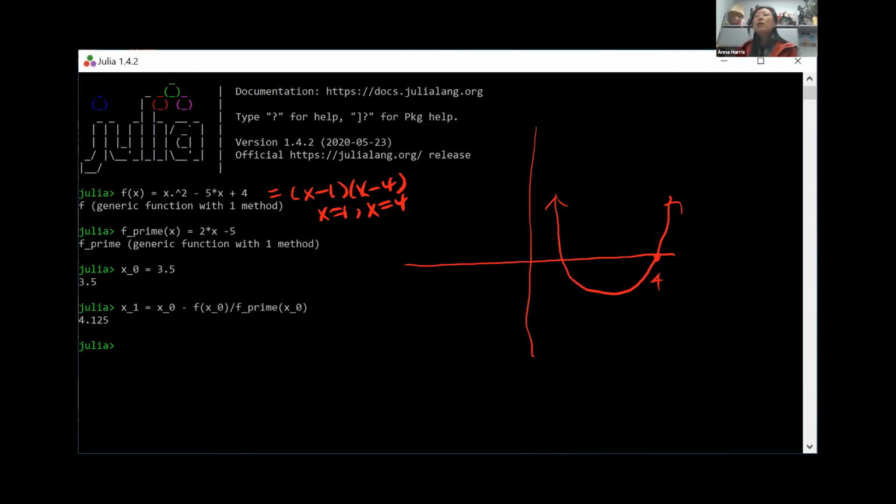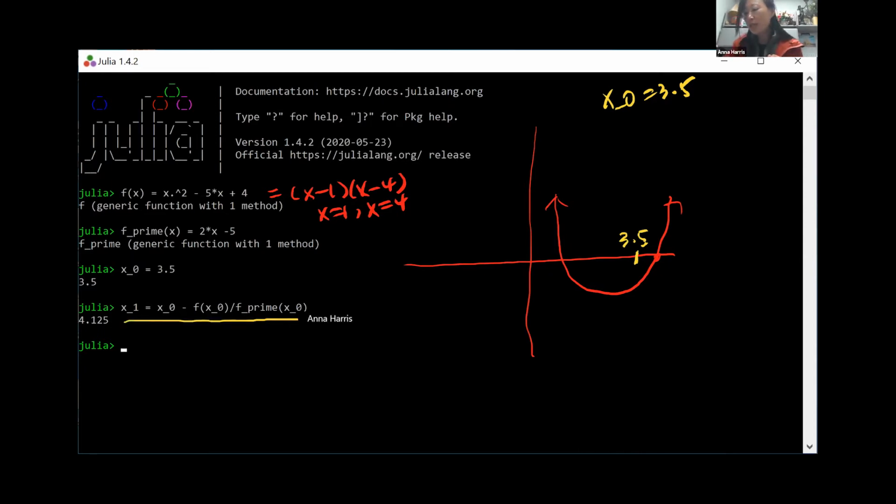So right now, I pretend this is just something that I don't know. I'm going to try 3.5 as my starting number, so x0 is 3.5. Is everybody with me? Now I'm going to use Newton's method right here.